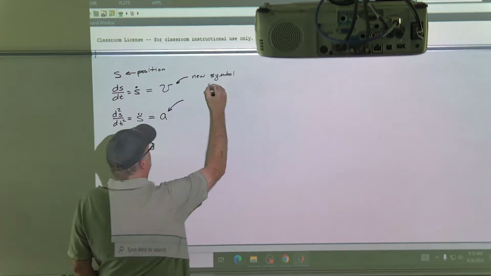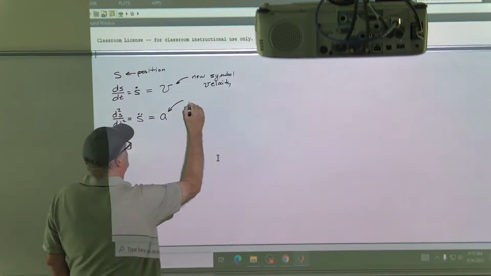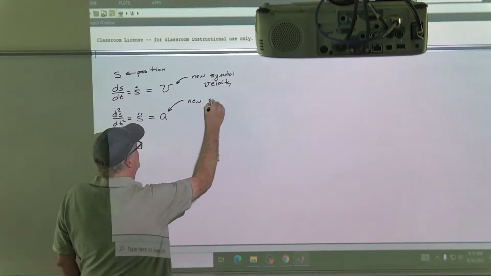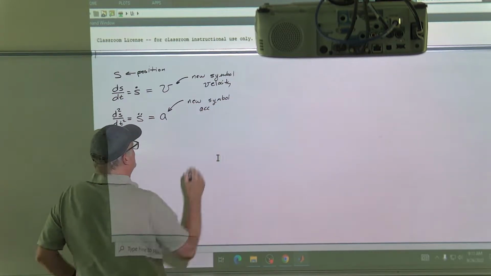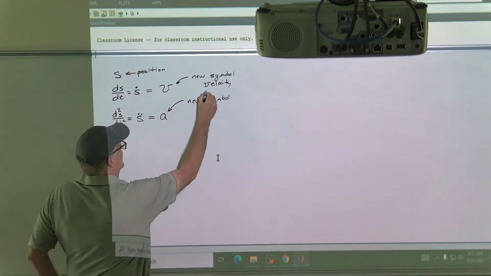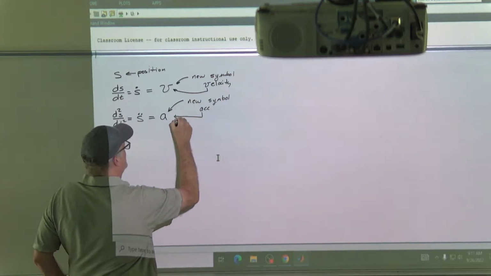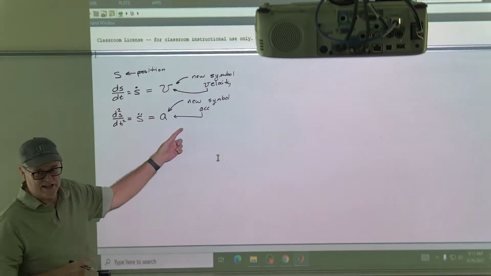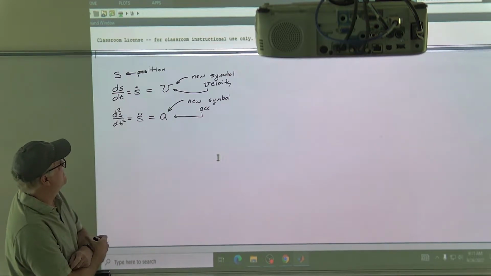And this symbol, they call it velocity. And here's a new symbol, and they call it the acceleration. It just so happens that it's the first letter of that, and the first letter of this. So that's probably how they ended up deciding that. I don't know, I wasn't around during that time, but somebody decided that.